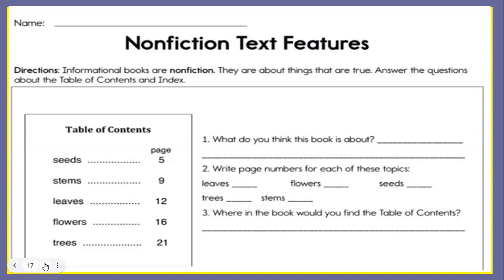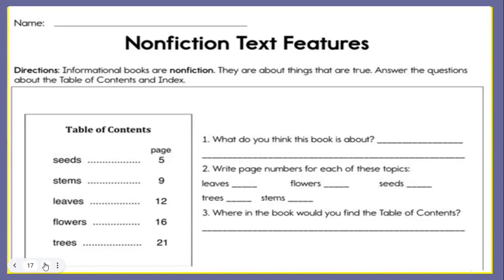They are about things that are true. Answer the questions about the table of contents and index. Number one, what do you think this book is about? In order to answer this question, you need to look at the table of contents to the left. Number two, write page numbers for each of these topics.